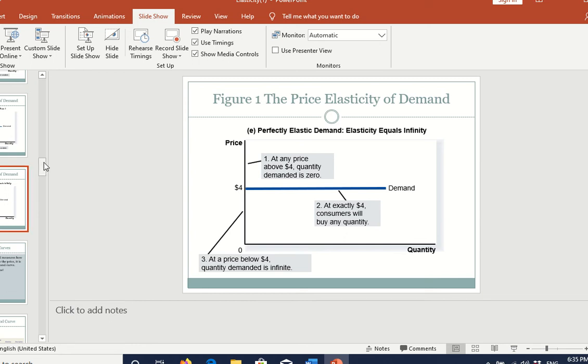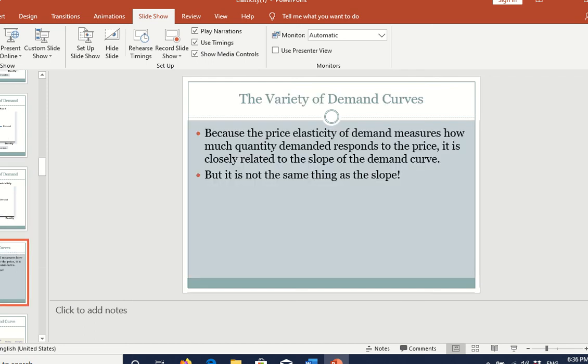Okay, so the larger the price elasticity of demand in its absolute value, the flatter the demand curve. Many of you may find there is a relationship between the slope of the demand curve, flat or steep, and the price elasticity of demand, which is true.